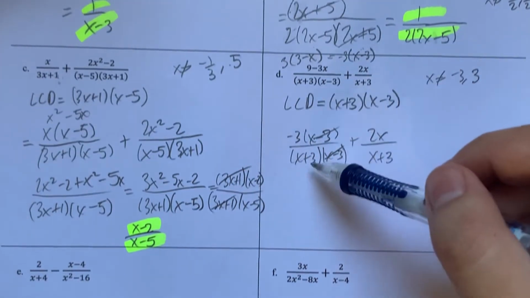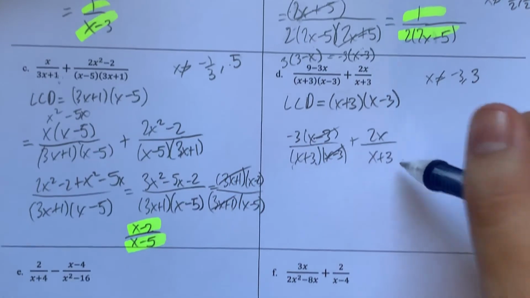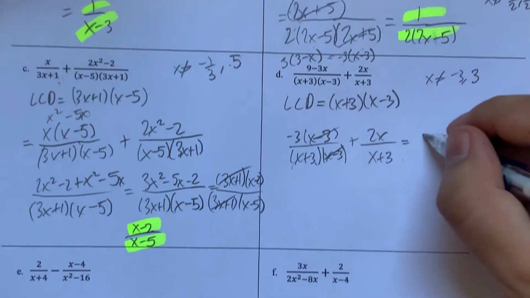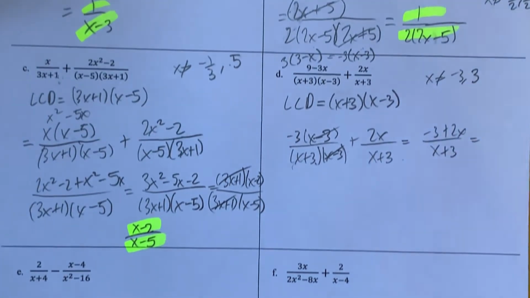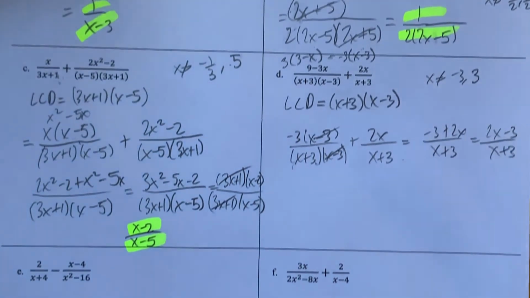And we don't have to worry about multiplying the right side by x minus 3. So we will get negative 3 plus 2x over x plus 3. And if we want to put it proper, we could put it as 2x minus 3 over x plus 3.